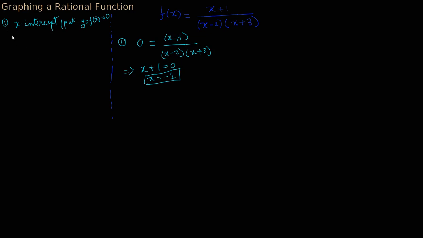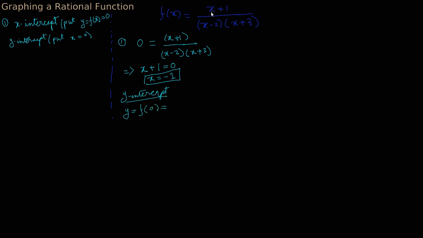Now let us see how I can find the y intercept. To find the y intercept, as you remember, we need to put x equal to 0 in the equation. So I want to find y, which is f(x), and in this case I'm going to put x equal to 0.